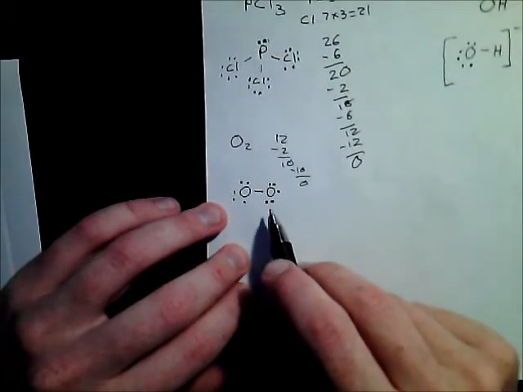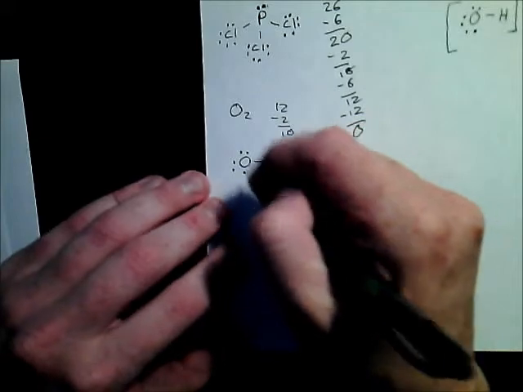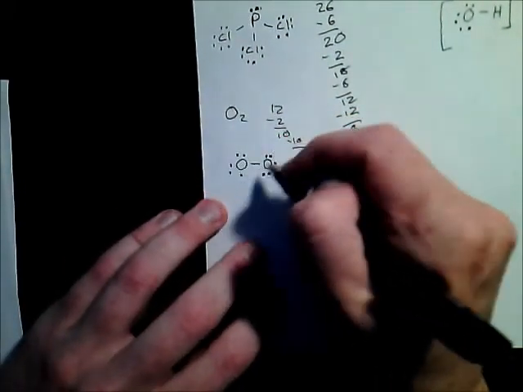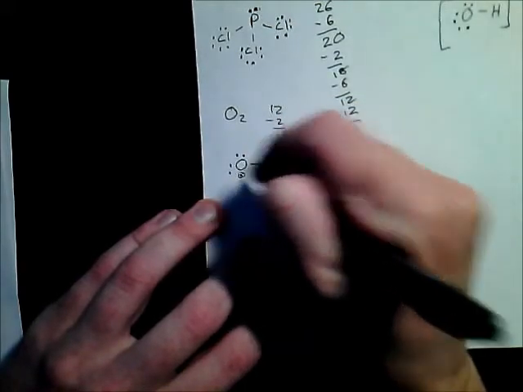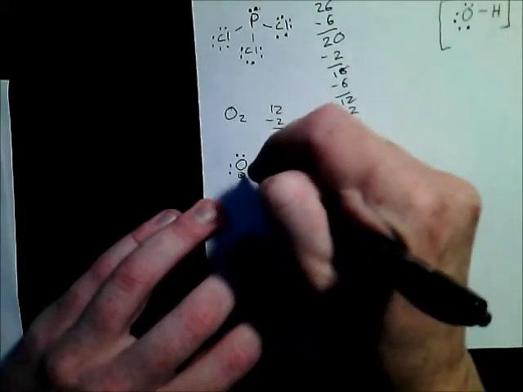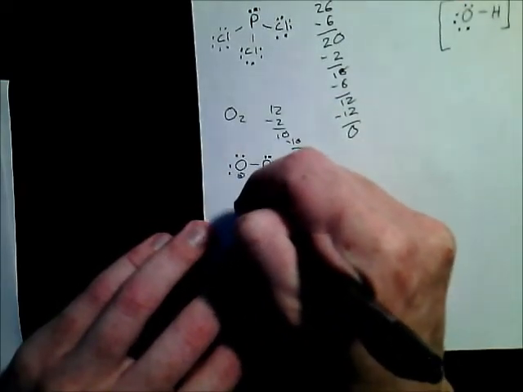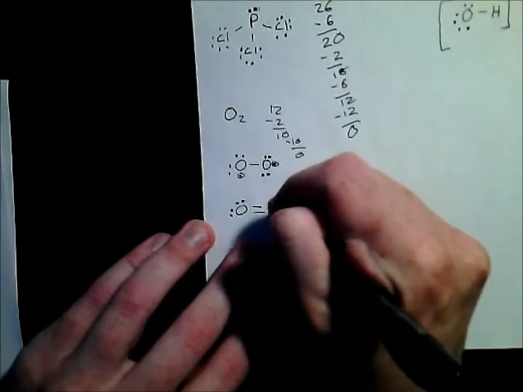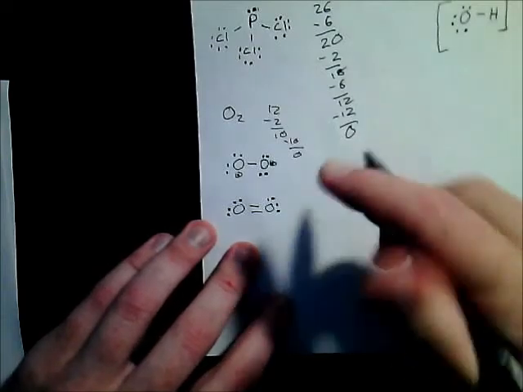It's great to do Lewis structures in pencil. I'm doing it in pen, so I'm just going to go ahead and redraw it. Instead of having a single bond between here, what I'm going to do is utilize, let's say, these 2 electrons and make a second bond between them. So it would look like this. So there's a double bond between those oxygens.